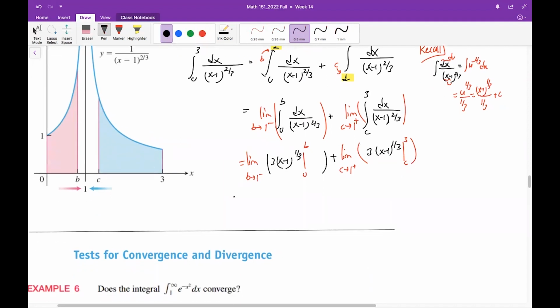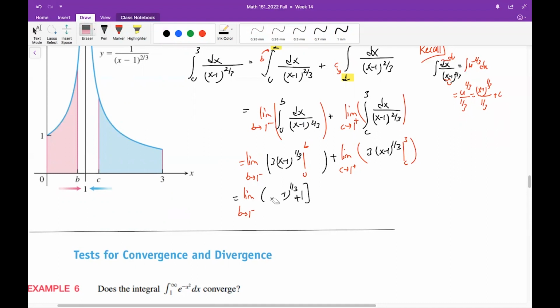So what we have inside the limits, let me write that down. Limit b goes to 1 from left. If you insert b first, you obtain 3 times (b minus 1) to the power 1/3. If you insert 0, what do you obtain? Okay, if you insert 0, I think it is minus 1, so minus, minus 1, plus 1.